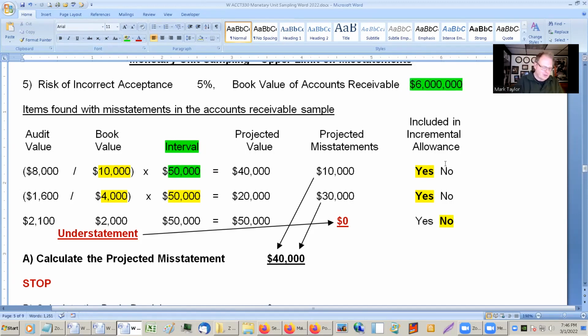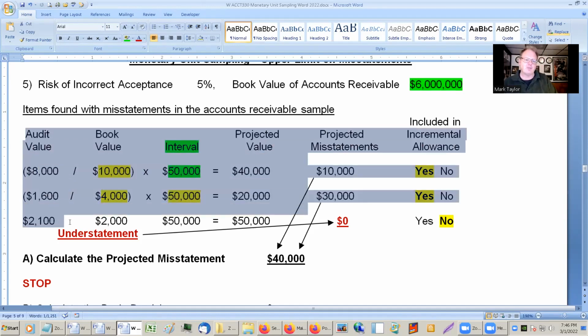So how many items were in the sample? 120. Yep. So each interval is 50,000. If you divide 6 million by 50,000, that'll tell you how many items there are. So there's 120. They came up with 3 problems.